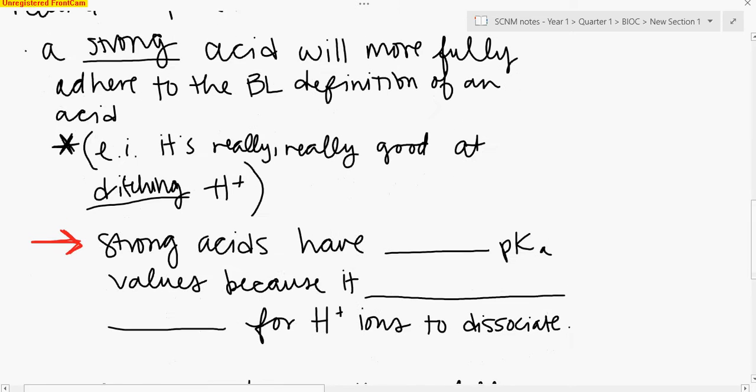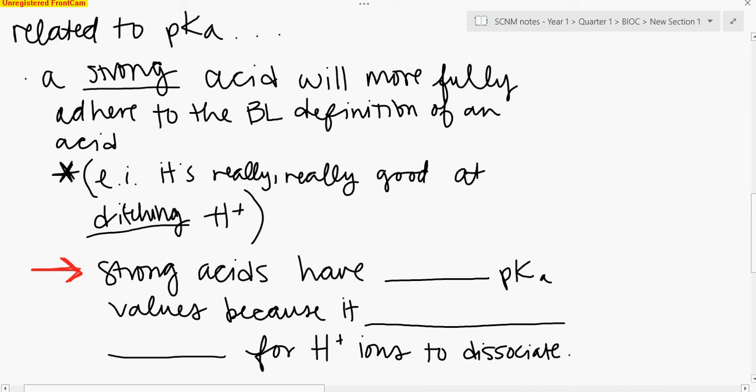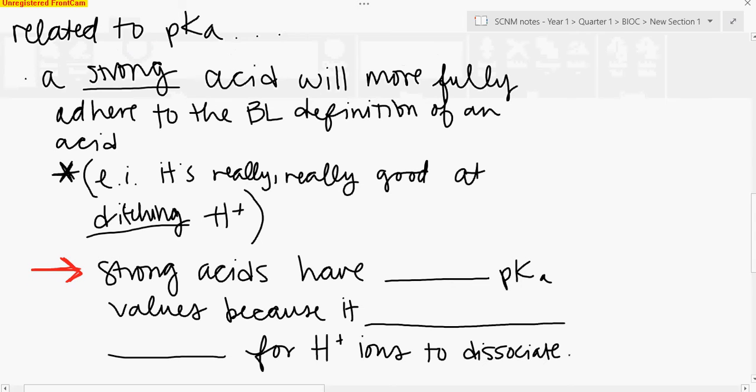So the key take-home point here for pKa and acidity, especially in respect to the Bronsted-Lowry definition, is that strong acids have a low pKa value because it really doesn't take as much for hydrogen ions to dissociate.